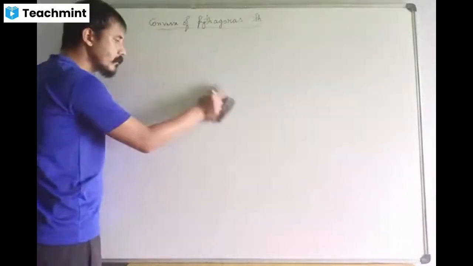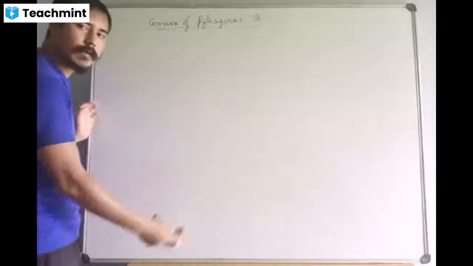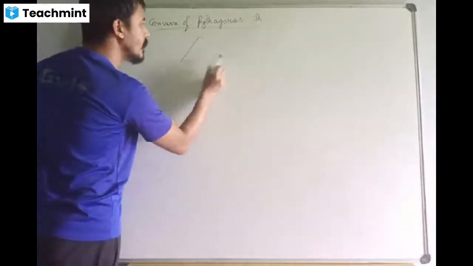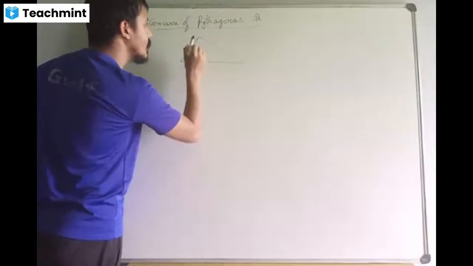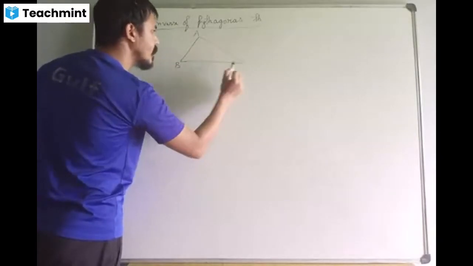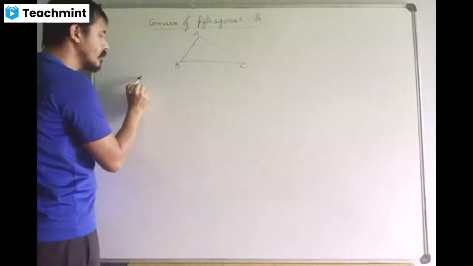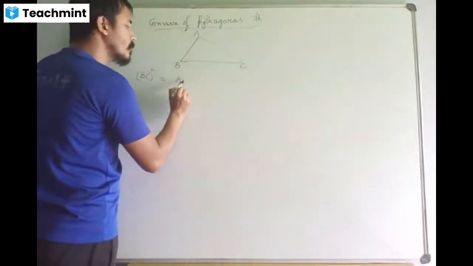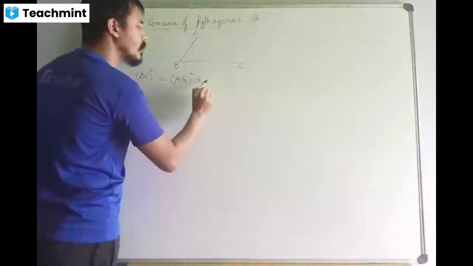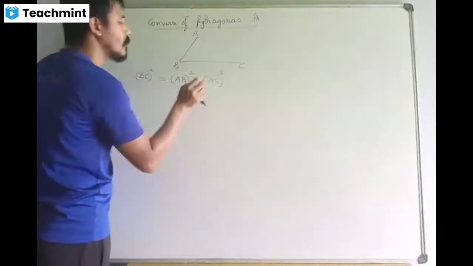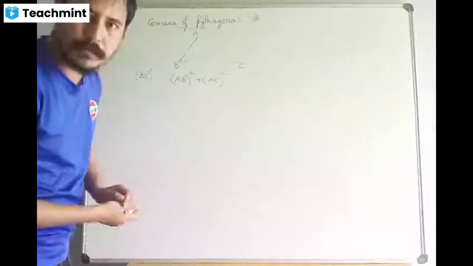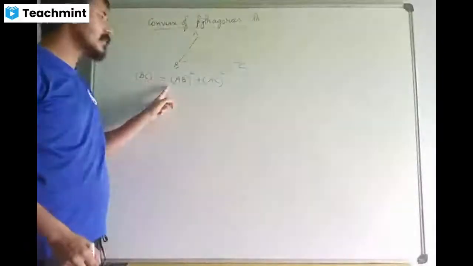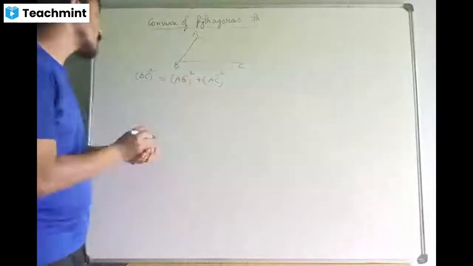So, in converse of Pythagoras theorem, what will be given? In any triangle ABC, say, square on one side is equal to the sum of squares on the other two sides. This condition will be given to you. In a triangle, square on one side is equal to the sum of squares on the other two sides.